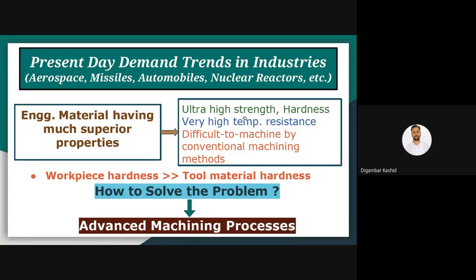At that high temperature, near about 1200 degrees centigrade, the turbine blade should sustain and retain its shape, because if temperature increases, for some materials the shape may change.